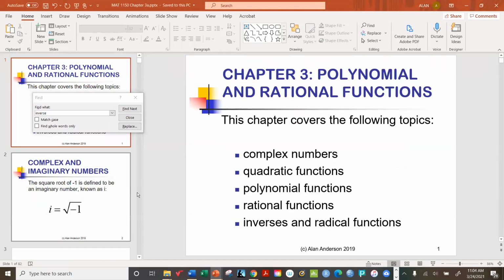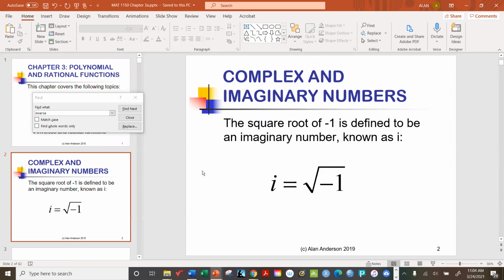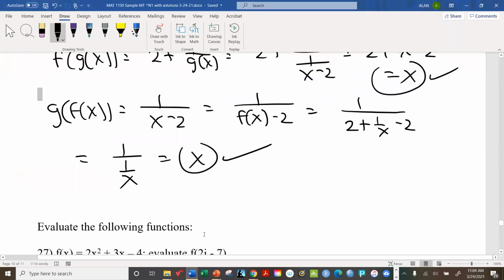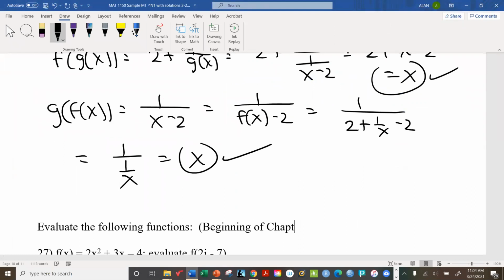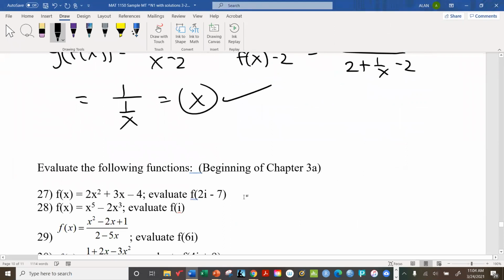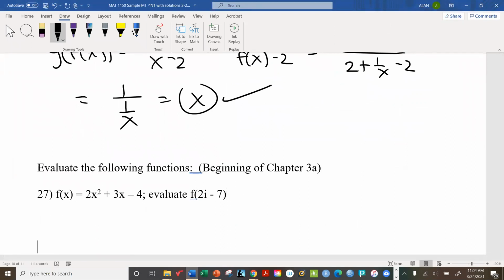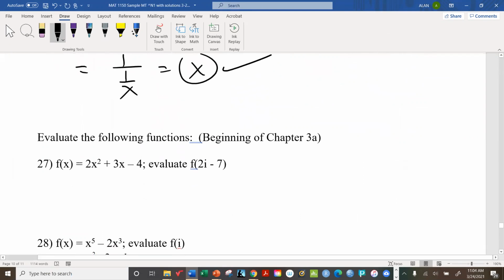So we'll just note that this comes from the beginning of chapter 3A. How about that? That should be good enough. You should have no trouble finding it. Now, all you're doing is you're plugging in 2i minus 7 wherever you see an x.